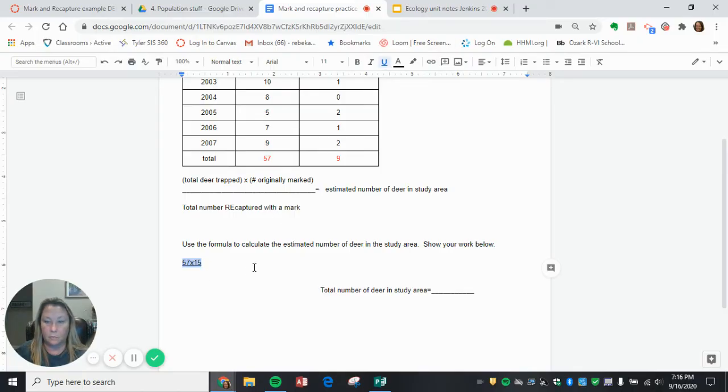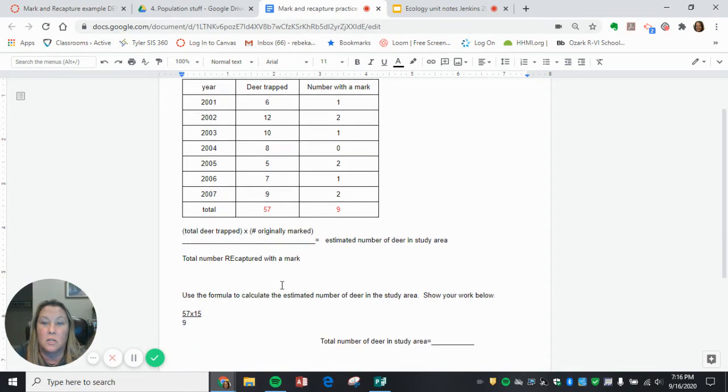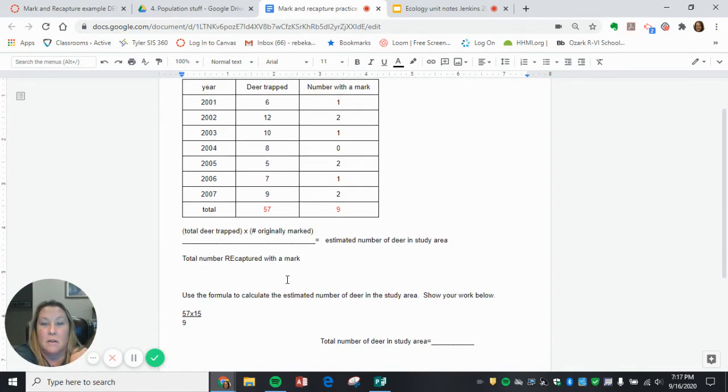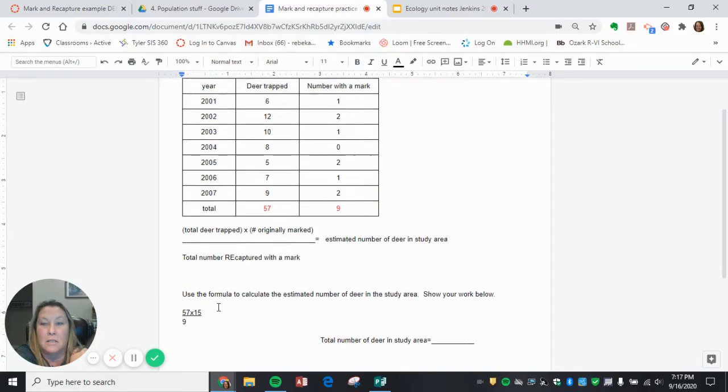Once you do that math, you can calculate the number of deer that were in that study area, and you would write that answer right there. So that's how to use mark and recapture. I just want to show this to you, so go ahead and fill this out as practice.